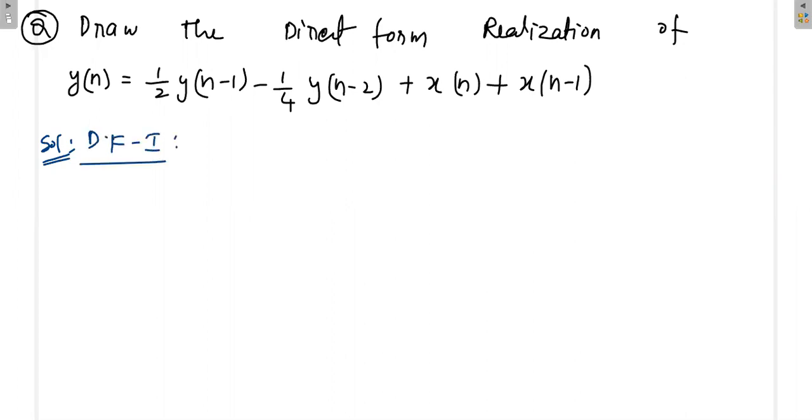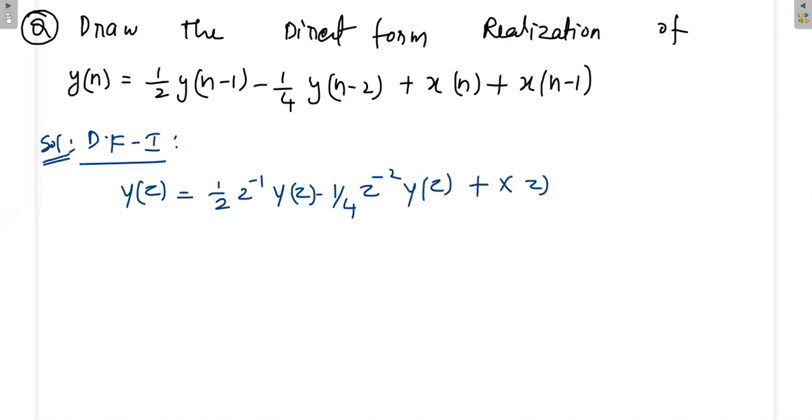First take the z transform on both sides. Y of z is equal to 1 by 2 z inverse y of z minus 1 by 4 z power minus 2 y of z plus x of z plus z inverse x of z. Then bring the y of z terms to the left side.